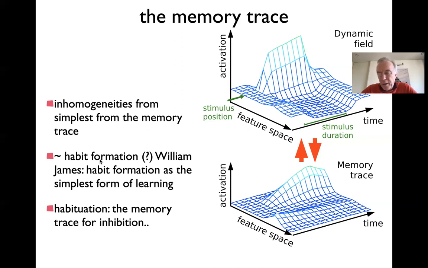So in dynamic field theory, we have a simple mechanism of how we account for such effects. We call that the memory trace, and that connects to an old concept in psychology, the memory trace, which wasn't very well grounded neurally, and our memory trace is also not very well grounded neurally.